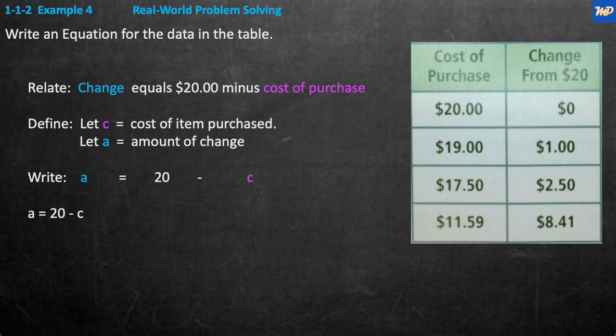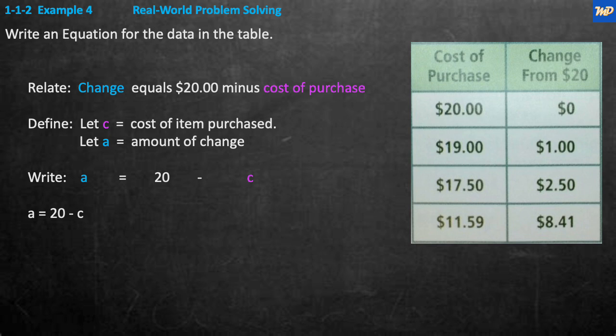Example 4. It's a real world problem we're going to solve here. Write an equation for the data in the table. So let's start by looking at the table a little bit. We see the cost of purchase, $20, $19, $17.50, $11.59, and the change from 20: 0, no change from there, $1, $2.50.